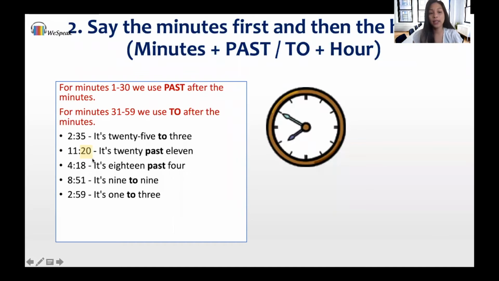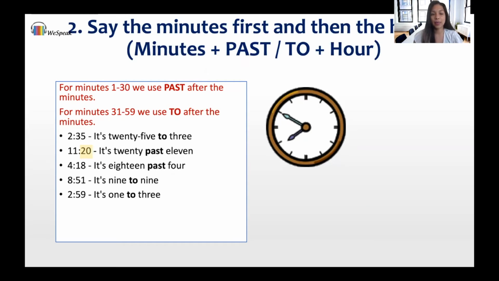It's 20 minutes past 11. 11 is the hour. 20, the minutes. It's 4:18 or it's 18 past 4. 18 minutes. The hour, 4. It's 18 past 4.